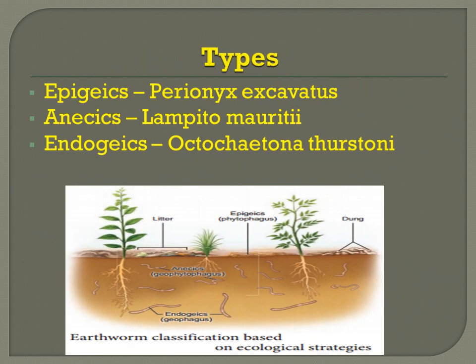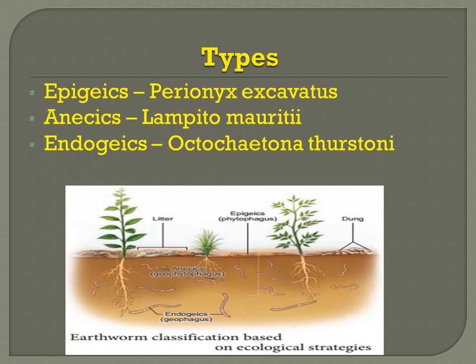Earthworms are classified based on ecological strategies, that is, where they survive or live. As per that, earthworms are classified into three types: epigeics, anecics, and endogeics.